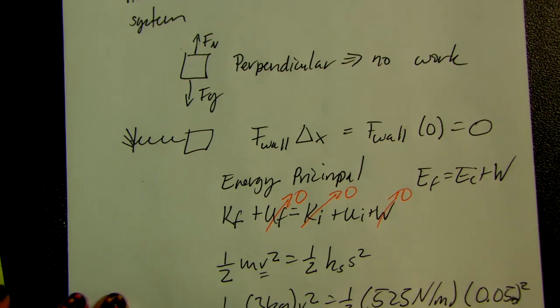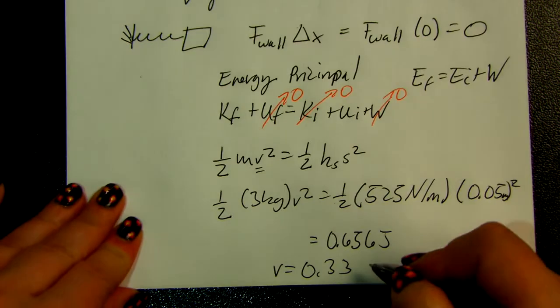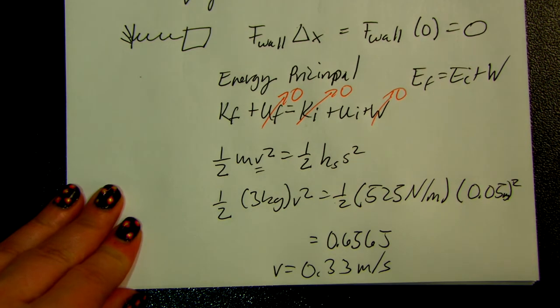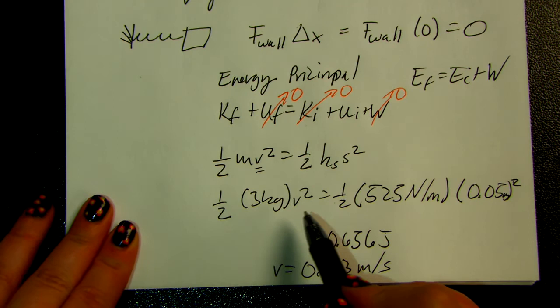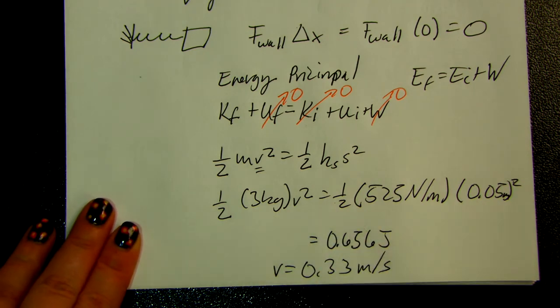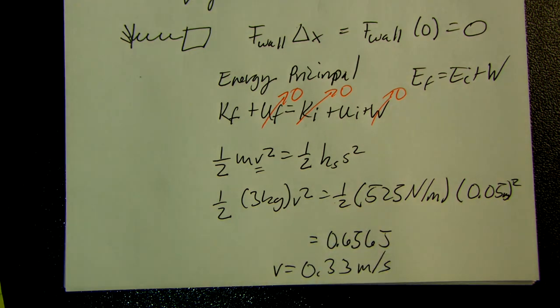So velocity is equal to 0.33 meters per second. Of course, you just solve that by dividing both sides by 1/2 times 3 and then taking the square root. Okay, standard stuff. We know how to do this. We've been doing this for a while.